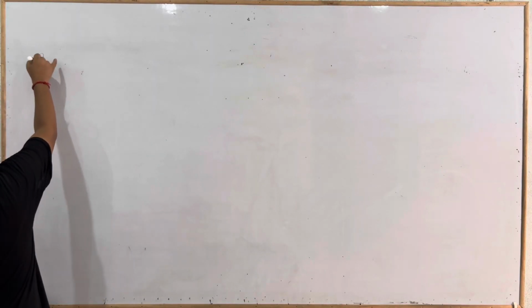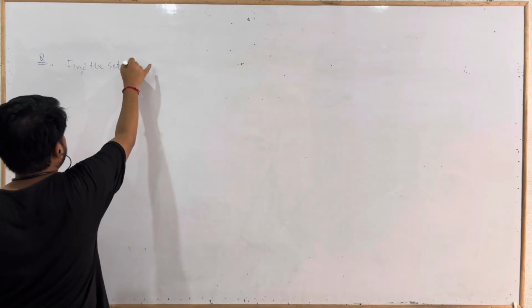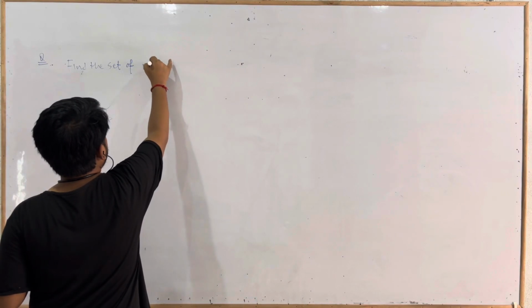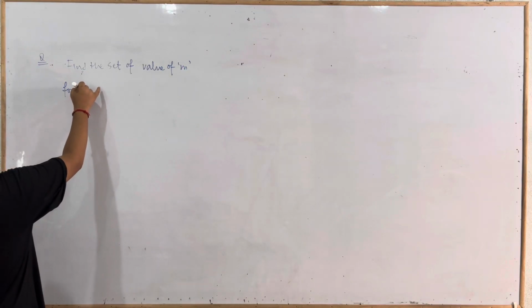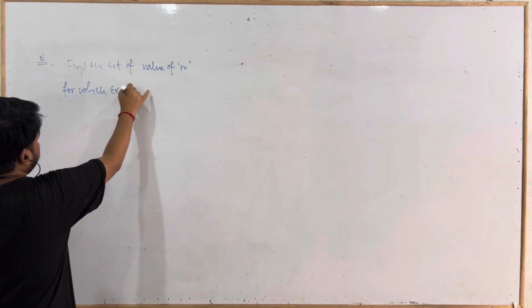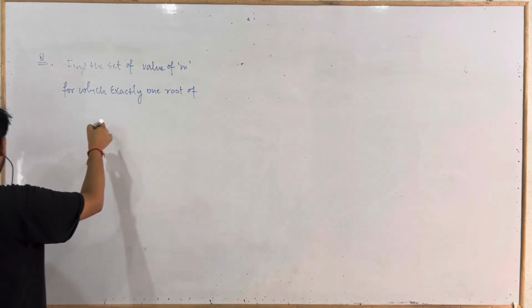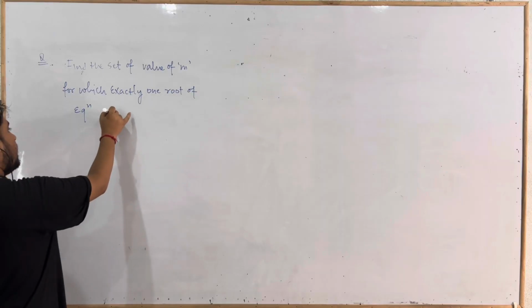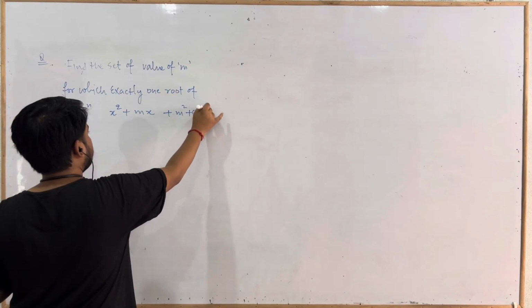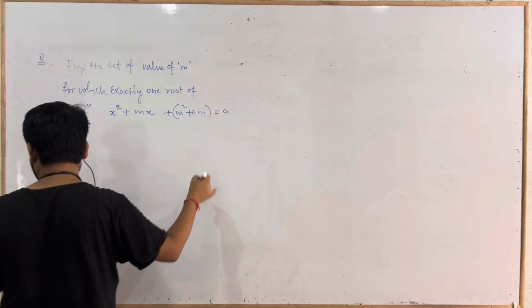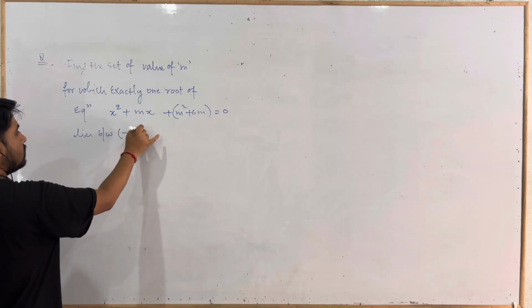So a question is there: find the set of values of m for which exactly one root of the equation x square plus mx plus m square plus 6m equal to 0 lies between -2 to 0.